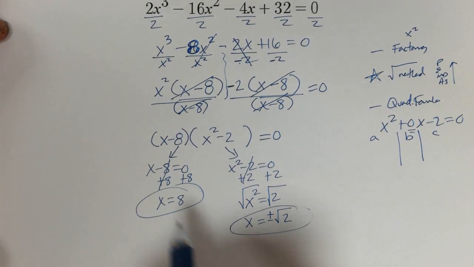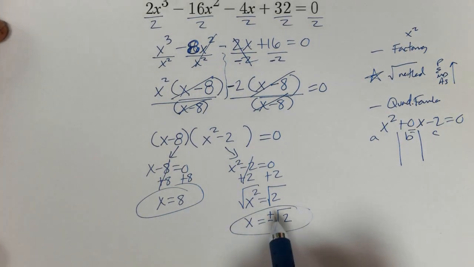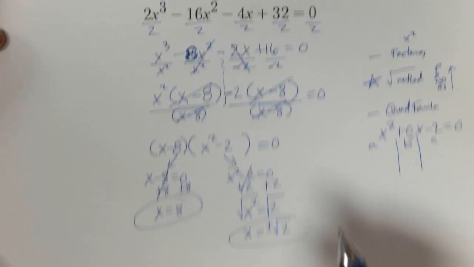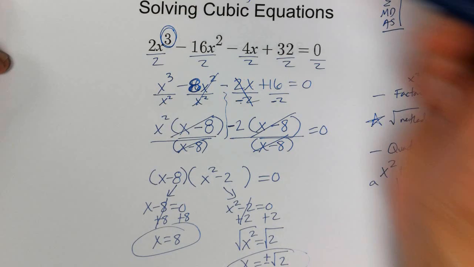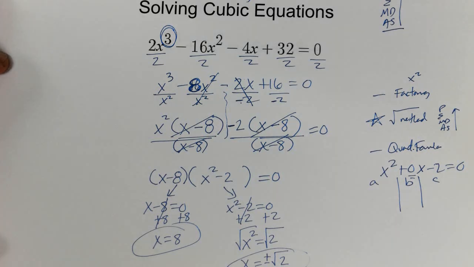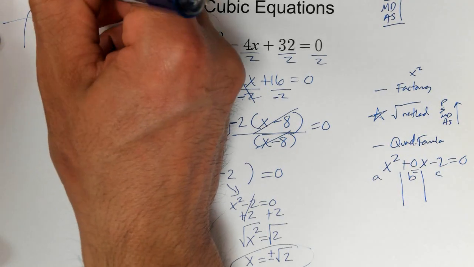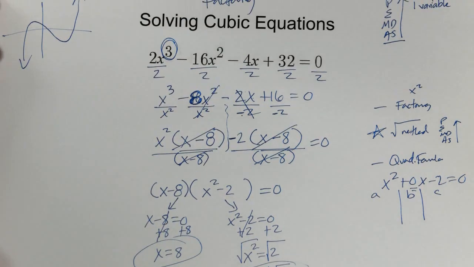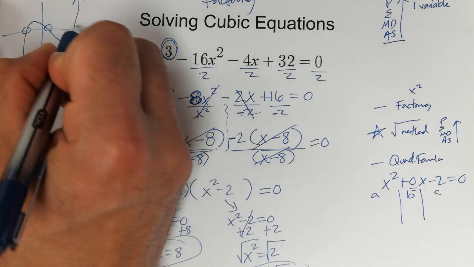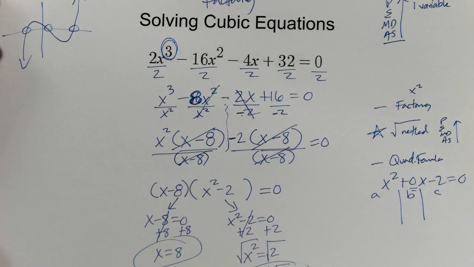I have my three solutions: 8, positive radical 2, and negative radical 2. And I have three solutions because I'm dealing with a cubic polynomial, which means the polynomial will have at most 3 x-intercepts. Our cubic polynomial can look something like this, where there are 3 x-intercepts. Maximum 3 x-intercepts.